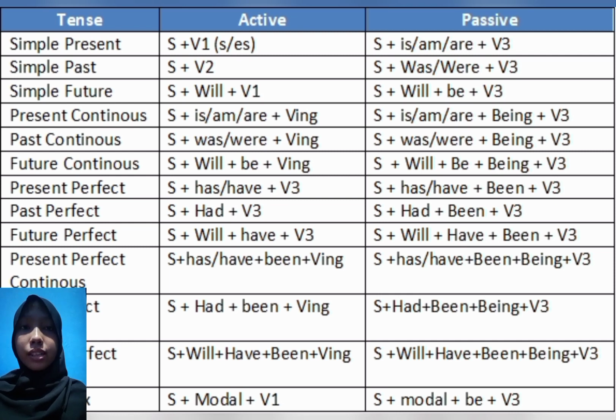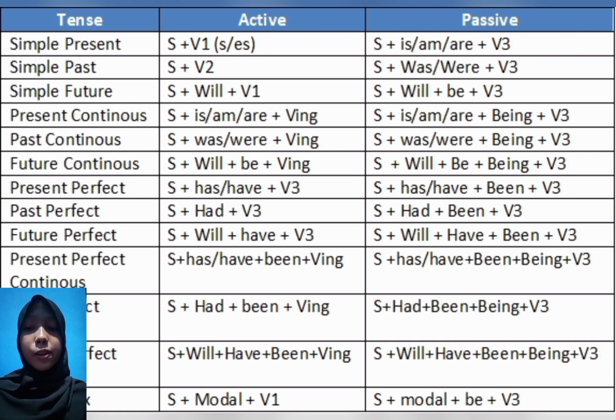Past perfect, pattern active: subject plus had plus verb 3. Pattern passive: subject plus had plus been plus verb 3. Future perfect, pattern active: subject will plus have plus verb 3.